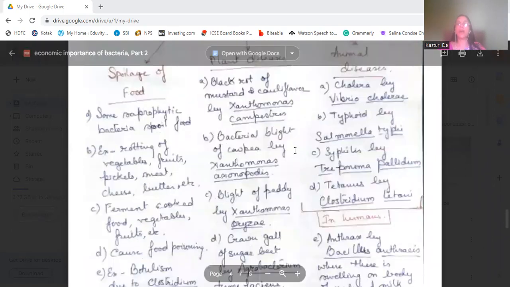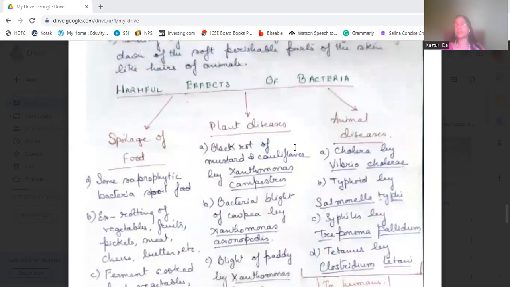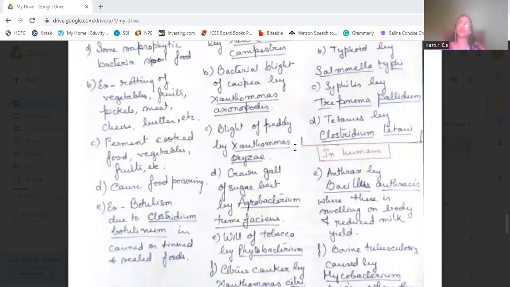Then we come to plant diseases. Plant diseases like black rot of the mustard and cauliflower, that is done by Xanthomonas campestris. Then bacterial blight of cowpea, that is Xanthomonas axonopodis. Then blight of paddy is Xanthomonas oryzae.